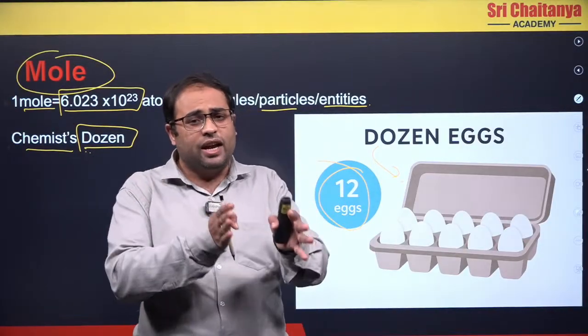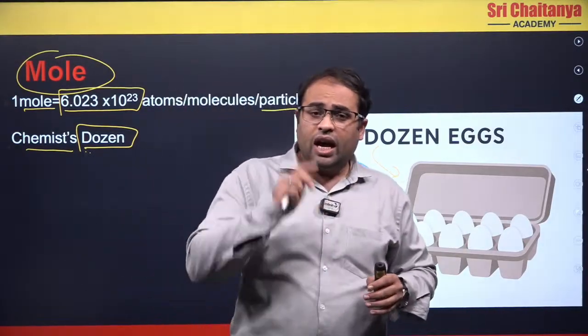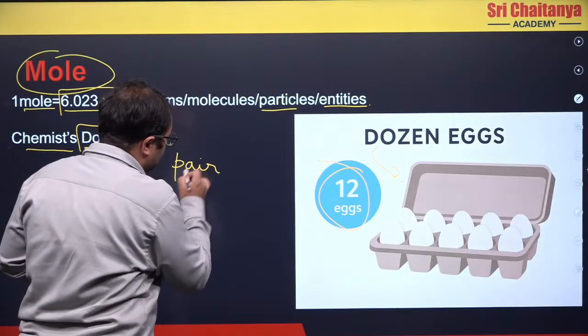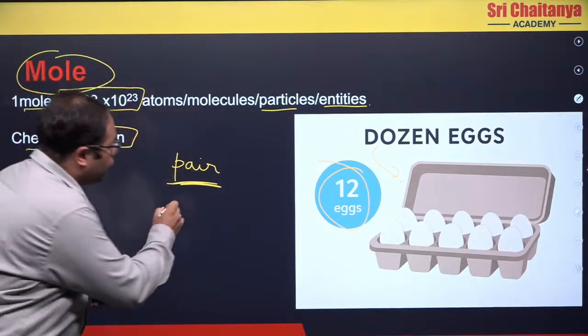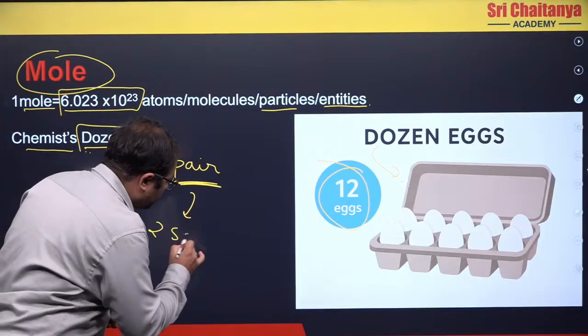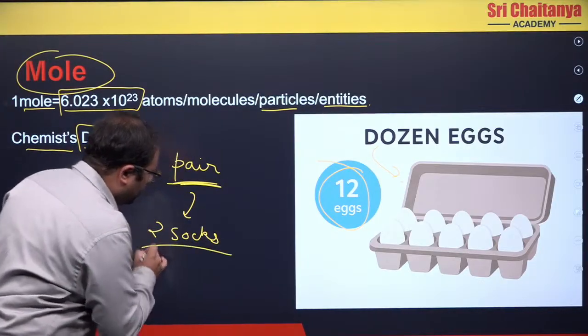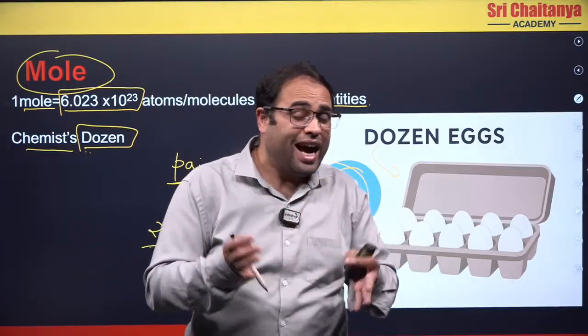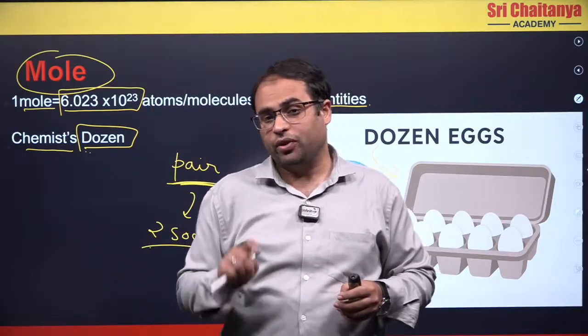So a dozen is made up of 12 eggs. A pair, if you have a pair of socks, is made up of 2 socks. So this is just a way of naming a collection of objects, right?